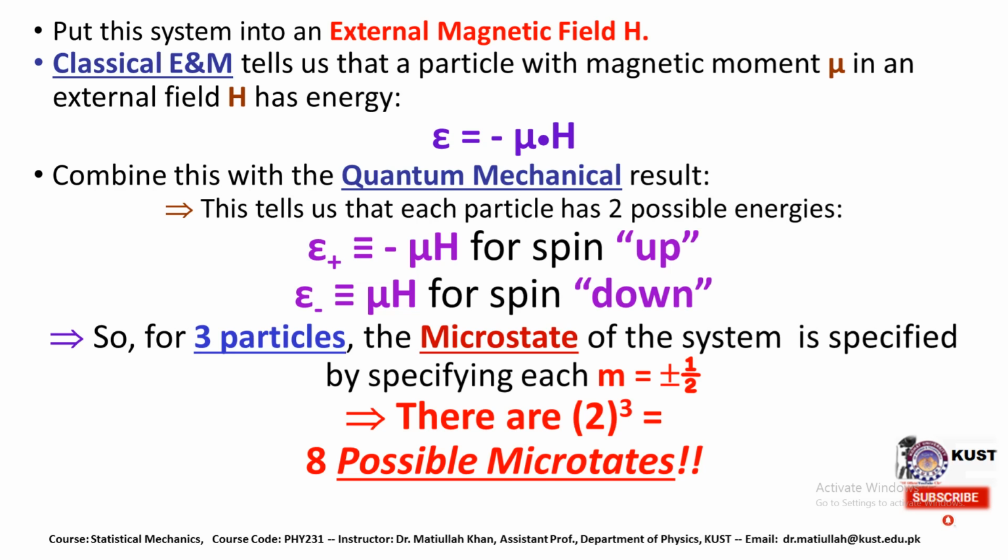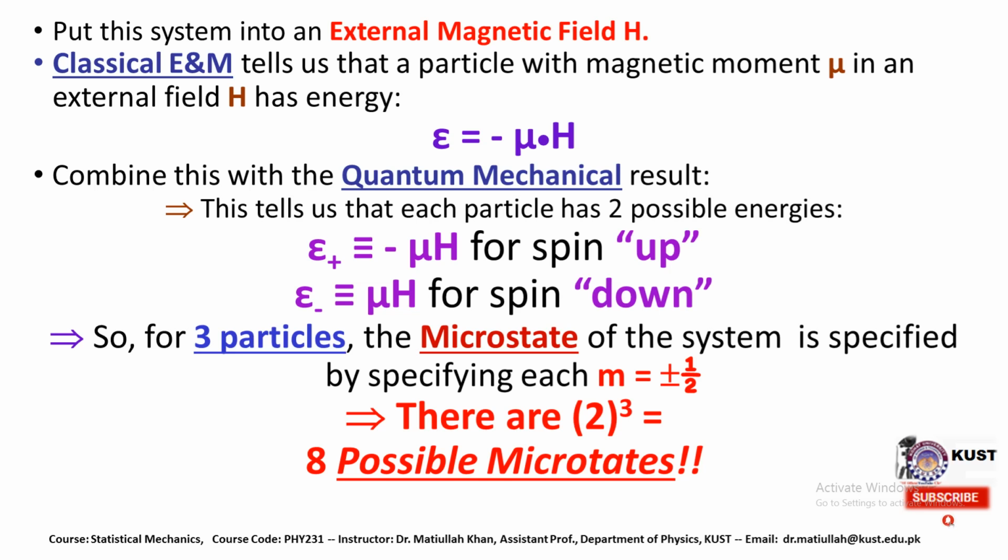For spin up, it will have the value minus mu H, because the angle is 0 and cos 0 is 1. And for spin down, the angle is equal to 180 degrees, so the minus signs cancel each other, and we will have mu H.